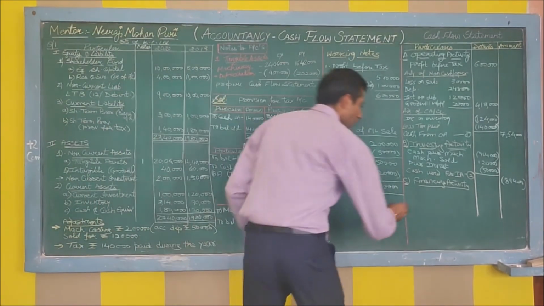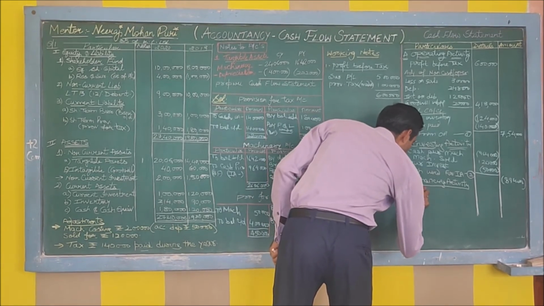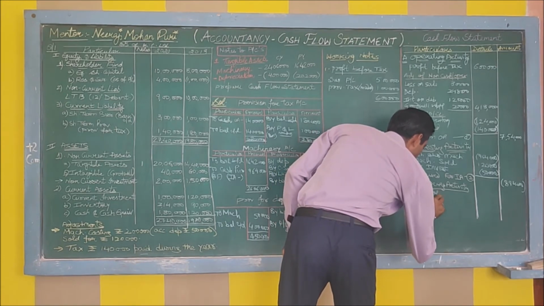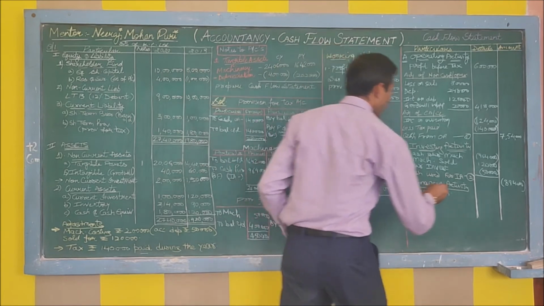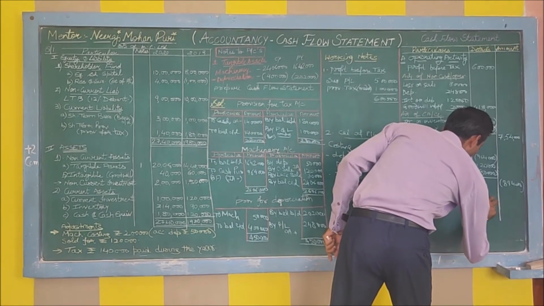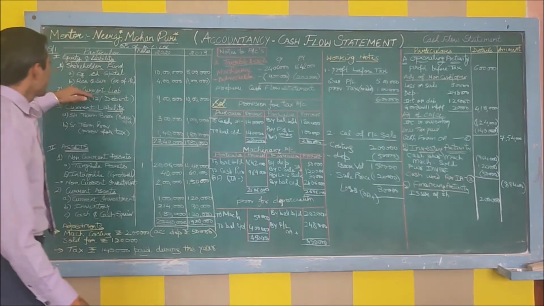So increase is positive. This means cash inflow. The difference amount is 2 lakh, directly in the detail column. This is a positive value. Positive 2 lakh will be shown in the detail column. We need to move on next.